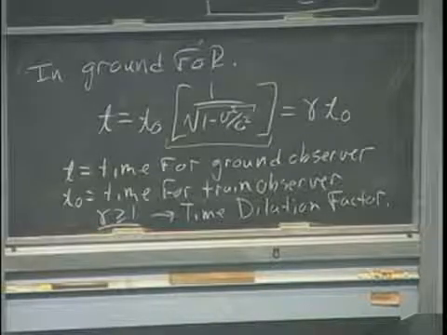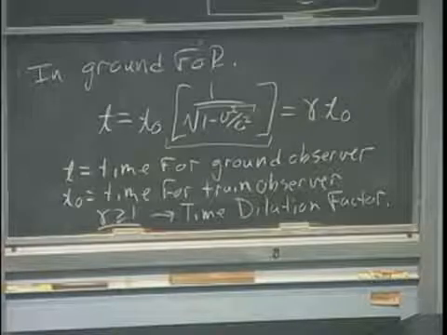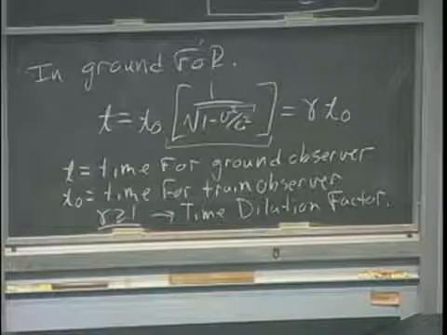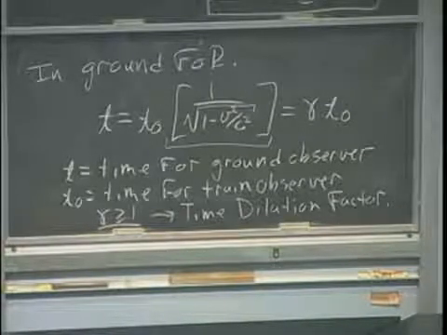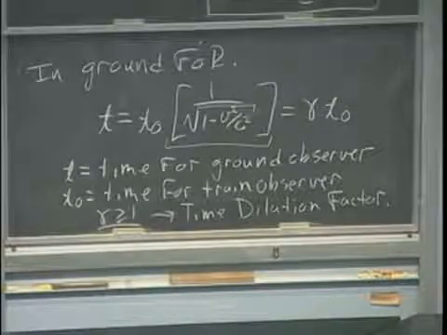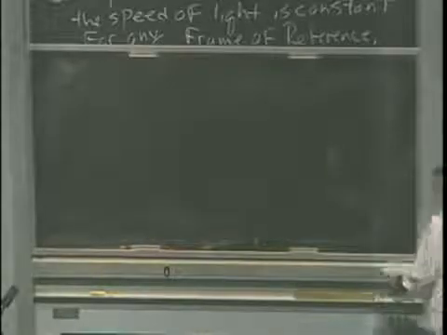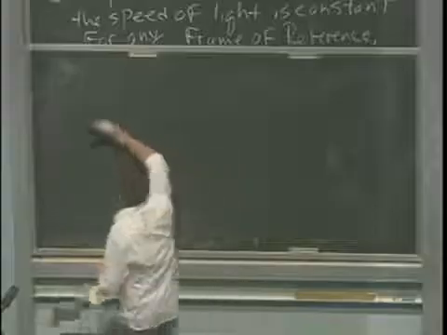Okay, so let's look at gamma just a little bit, just because this factor pops up everywhere in special relativity. If you understand at least the basics of how it is numerically acting, you can understand some of the consequences of it. So the gamma factor.